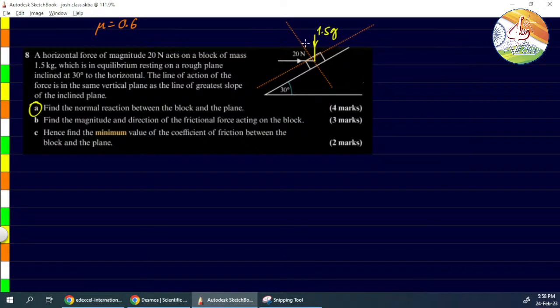Now what about the angle? What is this angle? It will be the same as 30 degrees, because we have two parallel lines. This is parallel to this and this is parallel to this. So both the parallel lines will also have the same angle.